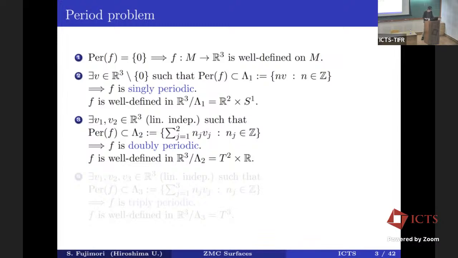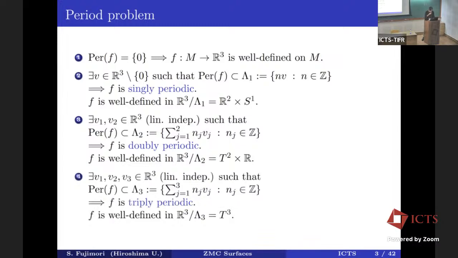In the same way, if there exist three linearly independent vectors V1, V2, V3 such that the period of F is a subset of this three-dimensional lattice, then F is triply periodic. If we consider F as a map into R3 modulo Gamma 3, which is a three-dimensional torus, then F is well defined.